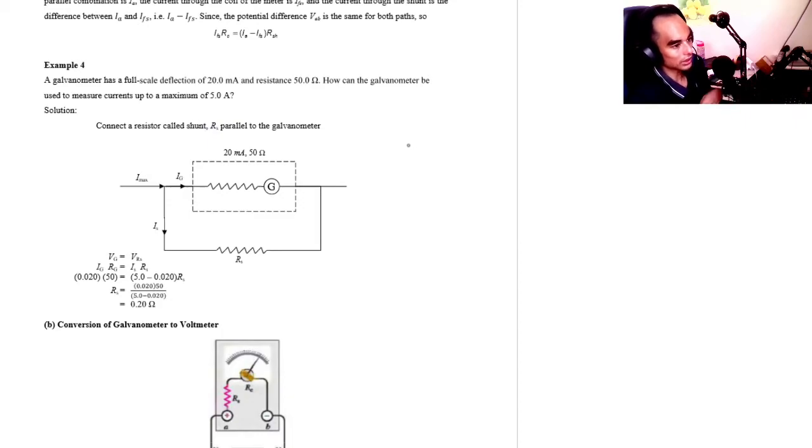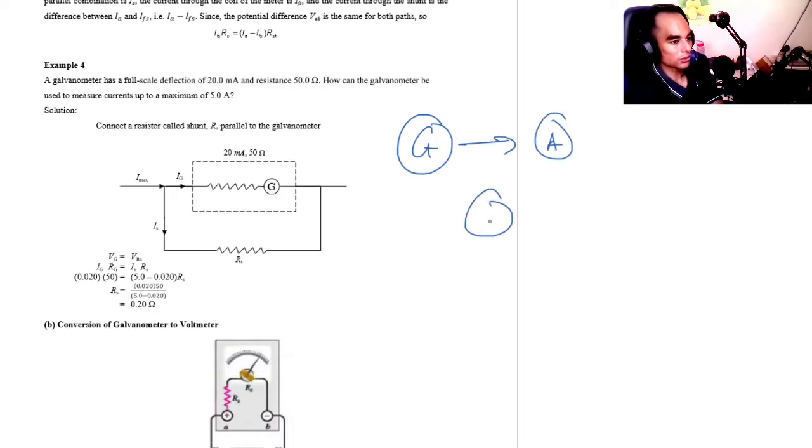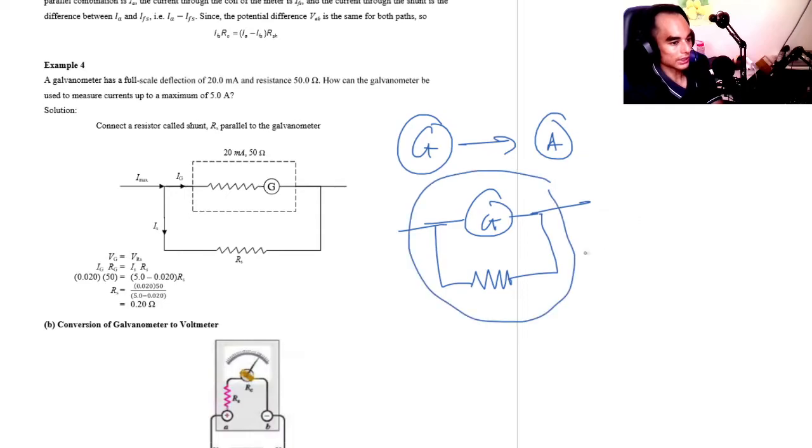To change it to an ammeter, we just connect a resistor we call a shunt R in parallel to the galvanometer. We have the galvanometer over here, and we connect a resistor over here, and all this together is called an ammeter.